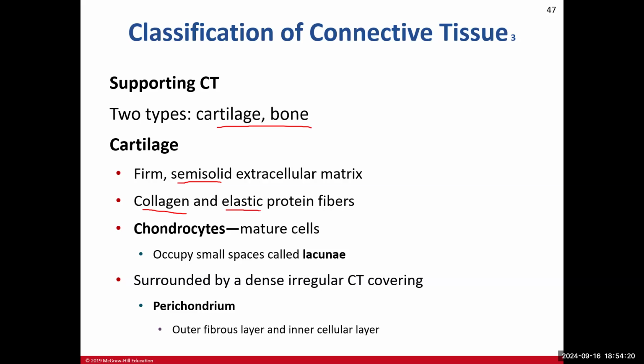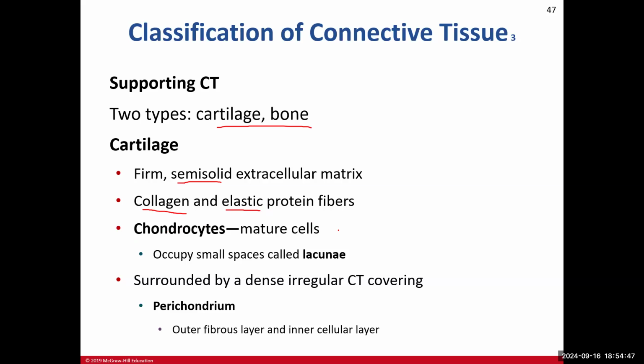So the cell that is going to make these protein fibers and the ground substance is going to be the chondrocyte. That's the cell that makes all this stuff. And it lives in a space called the lacuna. So this should be a little bit of a review for you here. So you have the space that's in the cartilage where the cell, the chondrocyte, lives. And that chondrocyte makes this material, the collagen and the elastic fibers.